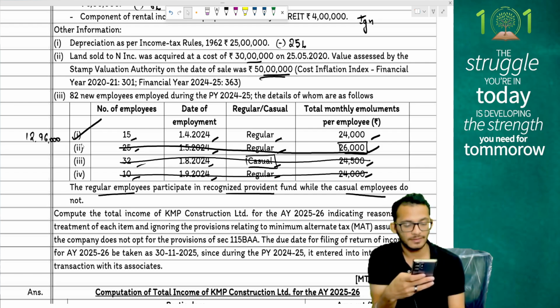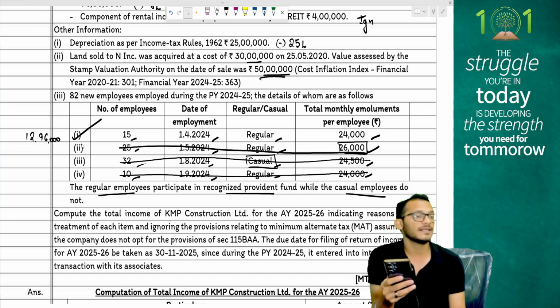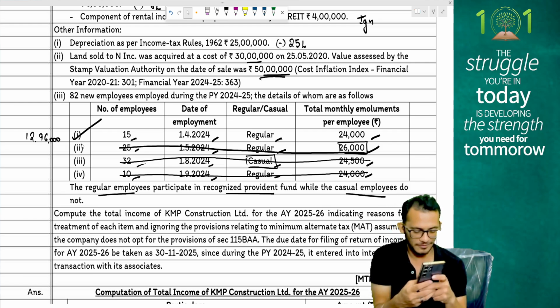32 employees are not considered as they don't contribute to PF.